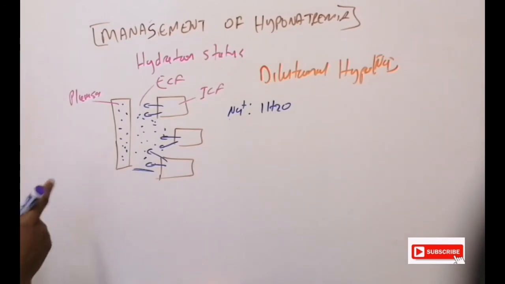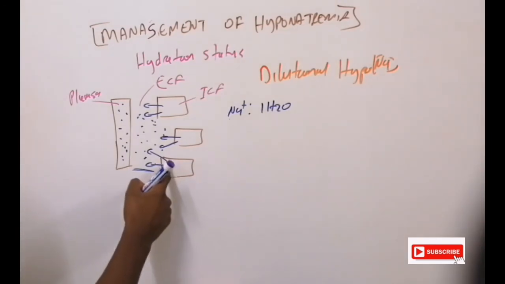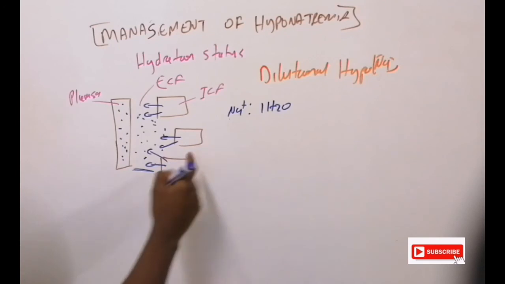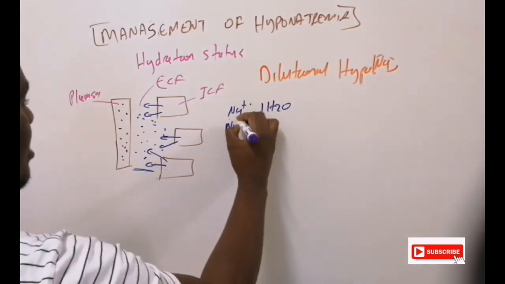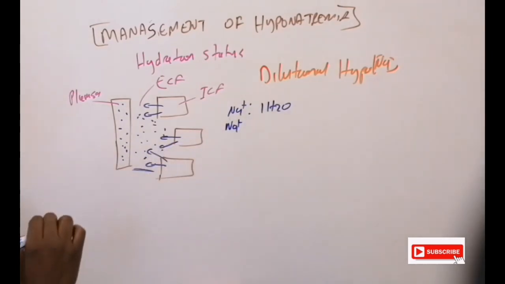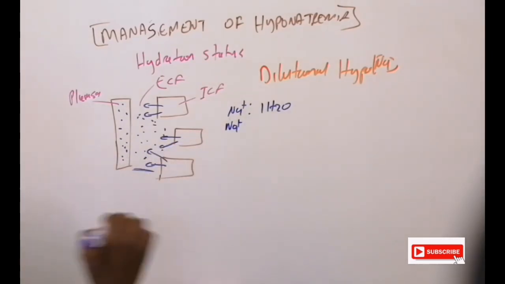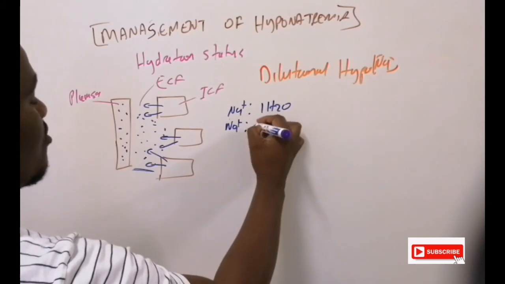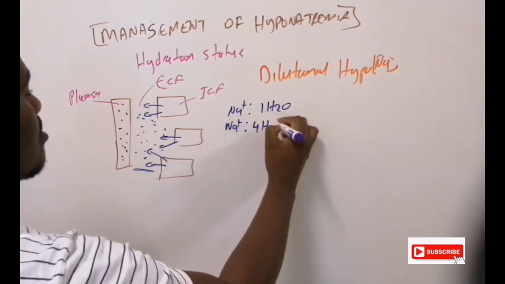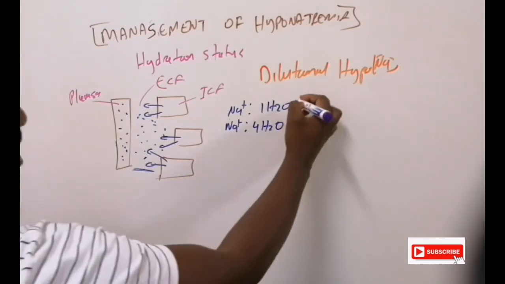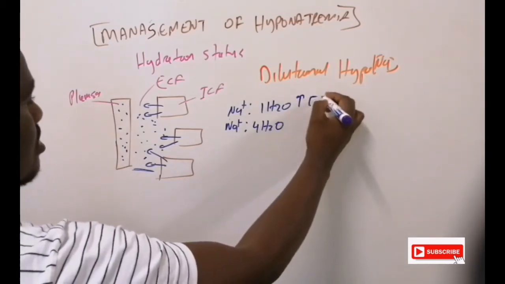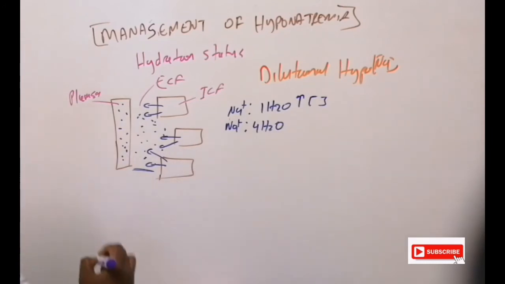Now the minute you get water from the intracellular space, this ratio will change. Let's say now for every cation of sodium, you've got 4 molecules of water. This is highly concentrated compared to this one.